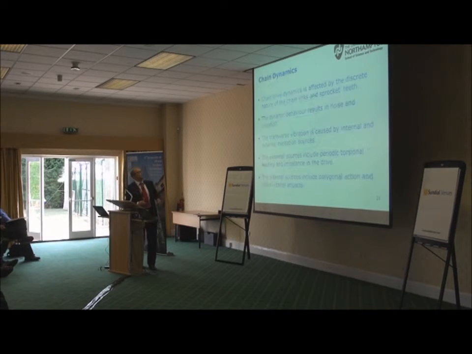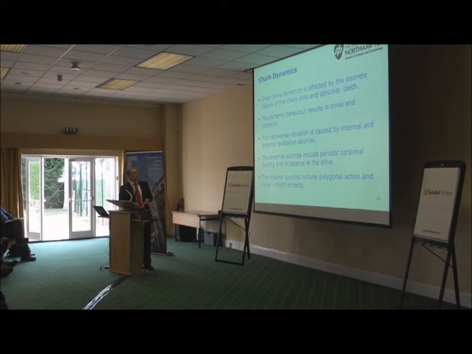What happens here is that in terms of chain dynamics, we have the discrete nature of links. In the cable, the rope is a continuous member. Here we have discrete parts. And what it does to the system is that when we have impacts and other phenomena between the roller and tooth, it results in vibration and excessive noise.